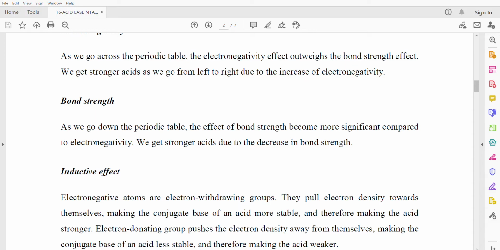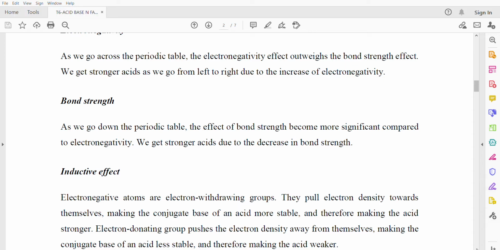That is why when we have to compare the acidity of p block elements going from carbon to halogens, electronegativity is considered: the more electronegative, the more acidity.